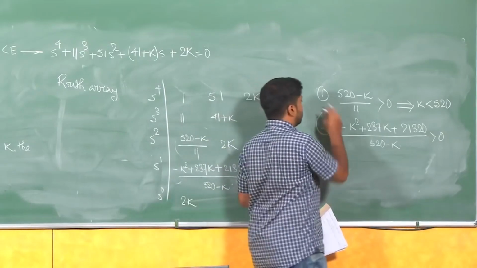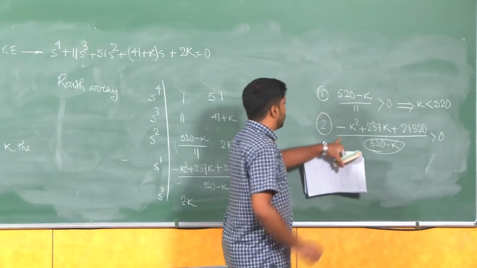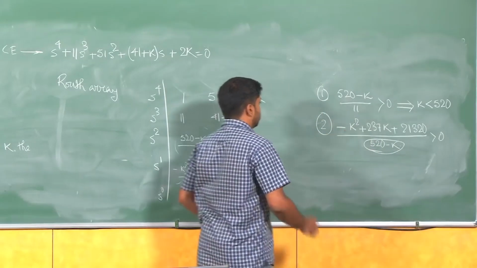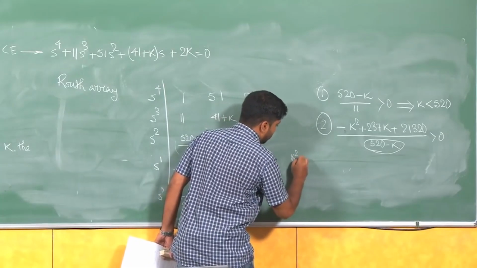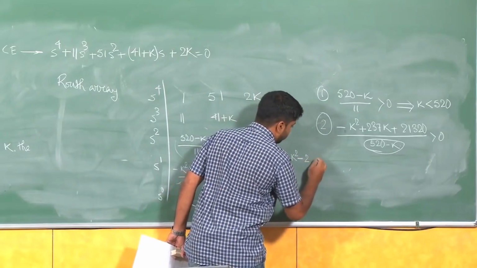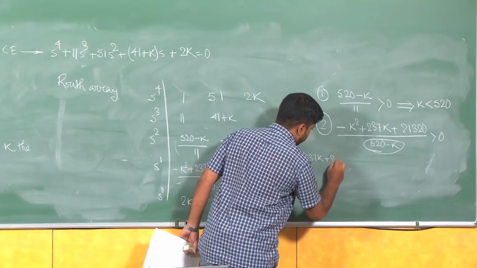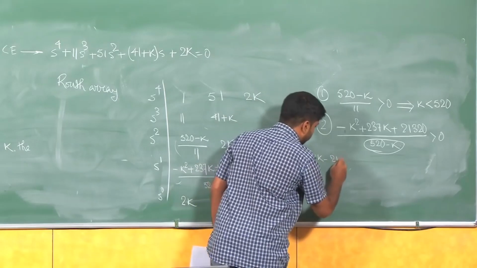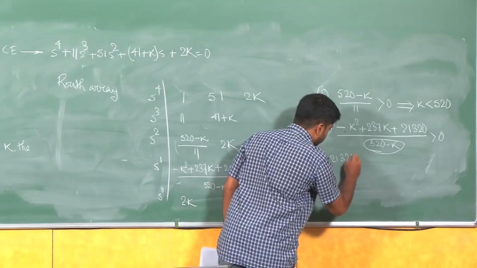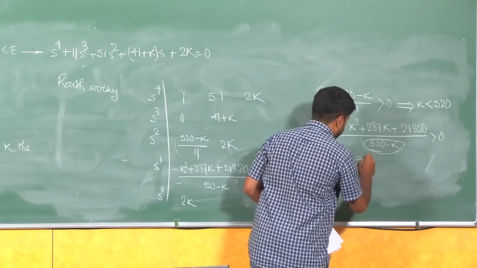From condition 1, the denominator term is greater than 0, so we have to make the numerator greater than 0. Let us consider the quadratic equation K square minus 237K minus 21320 is equal to 0.